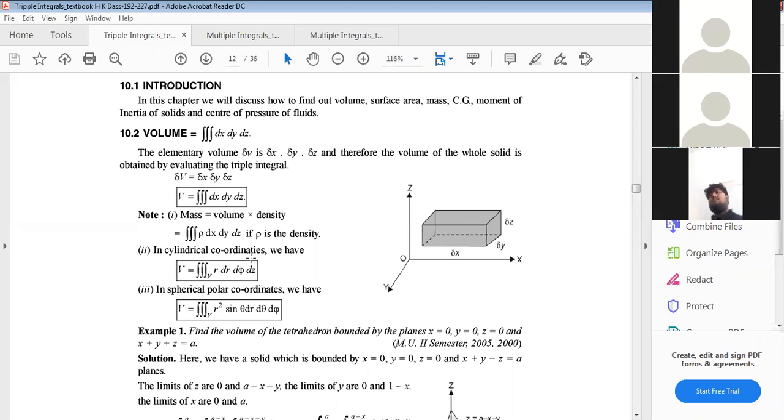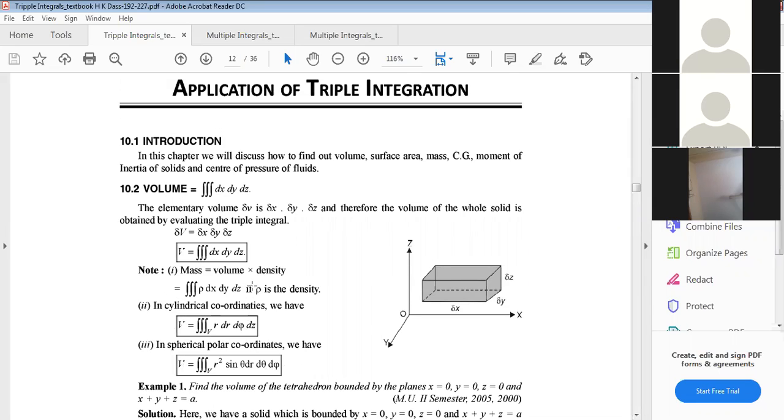We discussed in the first lecture that there are different coordinate systems: Cartesian, cylindrical, and spherical. In cylindrical coordinates, the volume element is r dr d phi dz. In spherical polar coordinates, the volume is the triple integral of r squared sin theta dr d theta d phi. We have to use these formulas to find results in applications of triple integration.